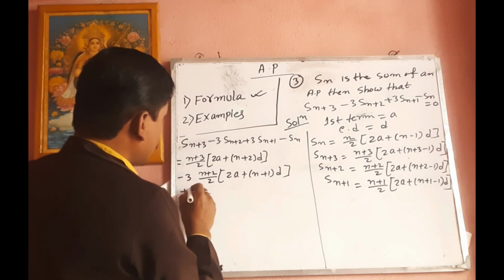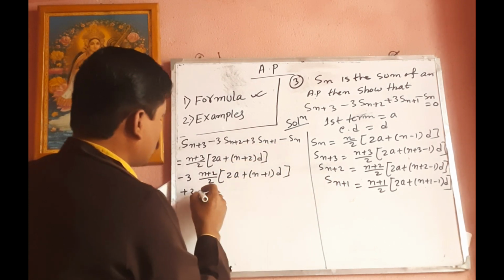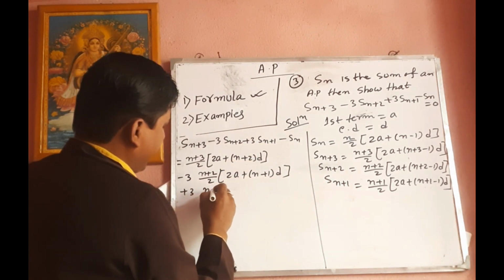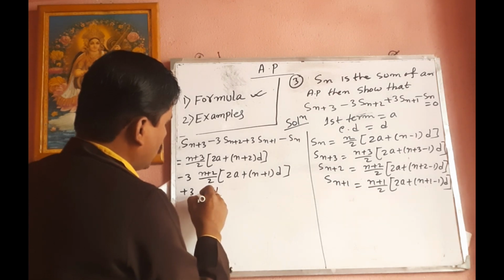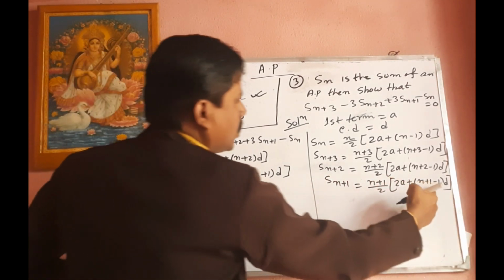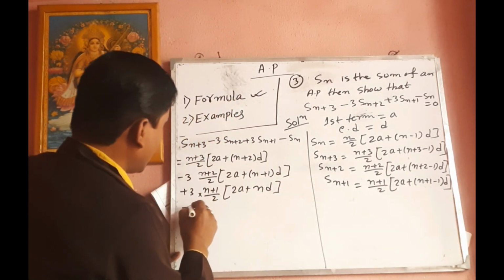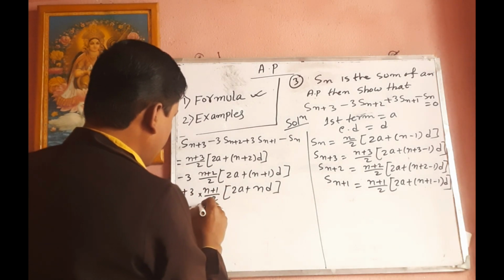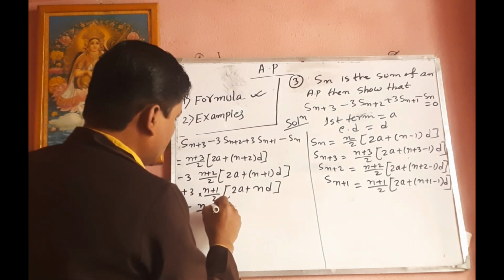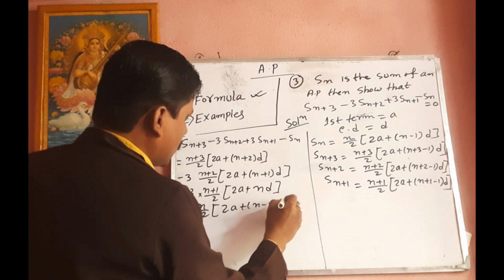Similarly, plus 3 times S(n+1), which means (n plus 1) by 2 times (2a plus nd), and Sn is equal to n by 2 times (2a plus (n minus 1) into d).